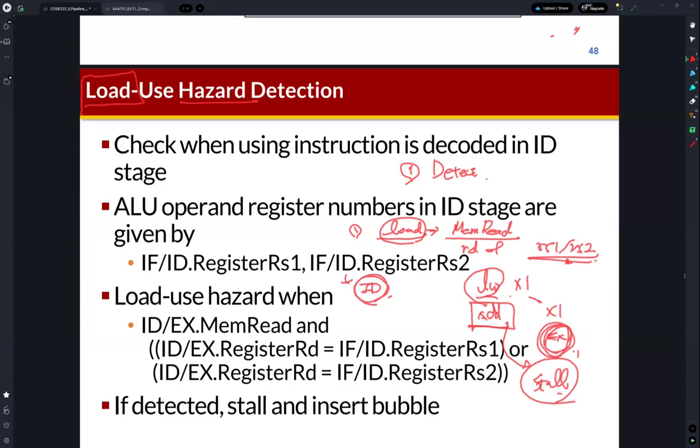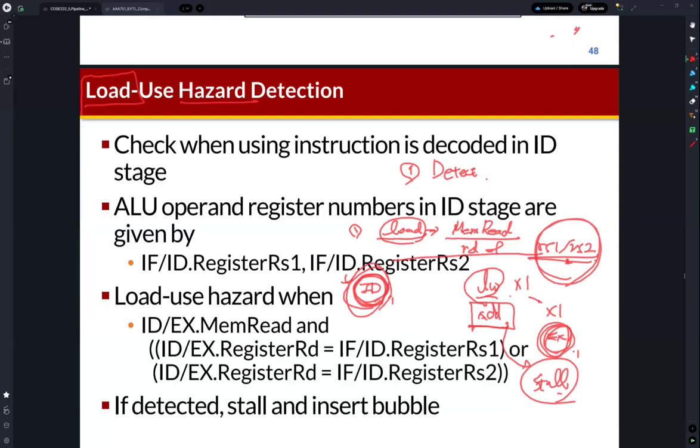Then where should we detect this load use hazard case? It's simple. I mentioned that the following instruction needs to stay in the ID stage, so this condition needs to be detected when the following instruction is in the ID stage.